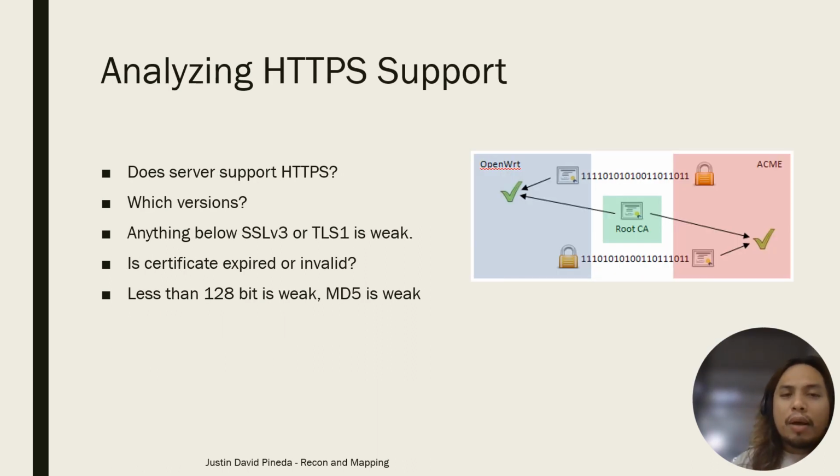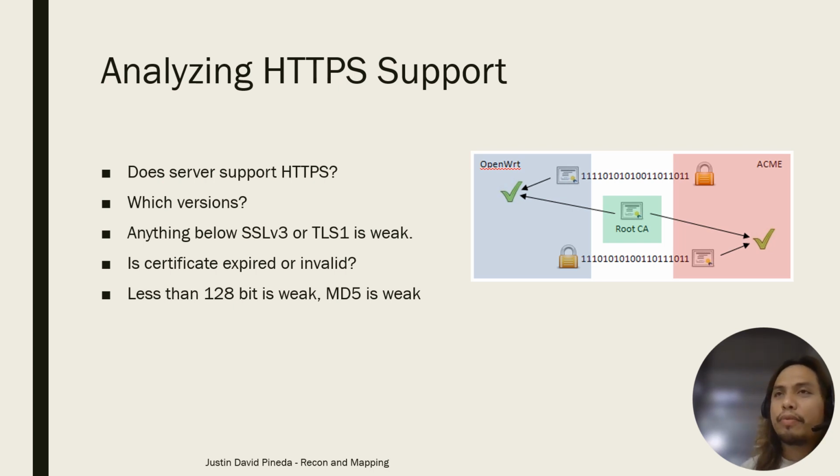When we talk about analyzing HTTPS support, usually you check the quality of the certificate used. First, does the server support HTTPS? The general rule is that if the application is processing any confidential personal information and a login, HTTPS is a requirement.